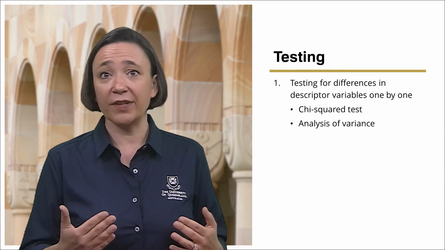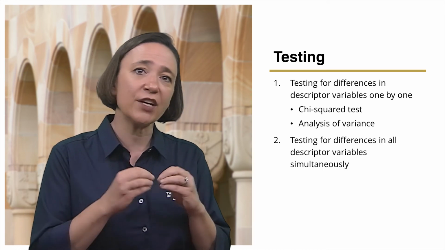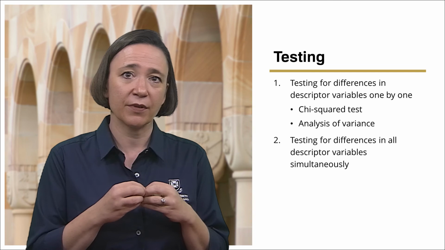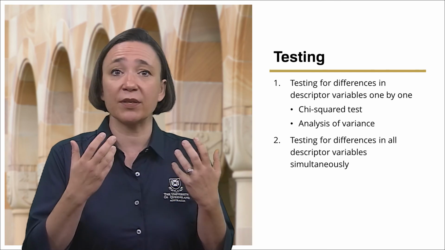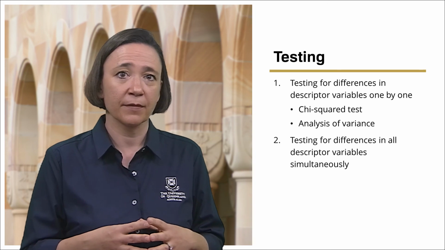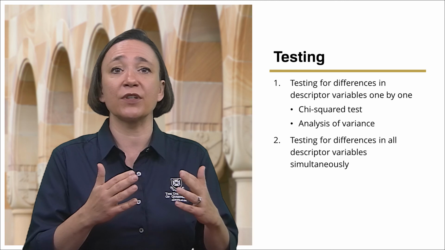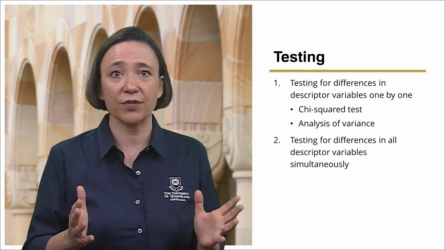The problem with testing separately for each variable is that we ignore associations between descriptor variables. This leads to an overestimation of the statistical significance of each descriptor. To avoid this, we can use methods that simultaneously test for differences in all descriptor variables.